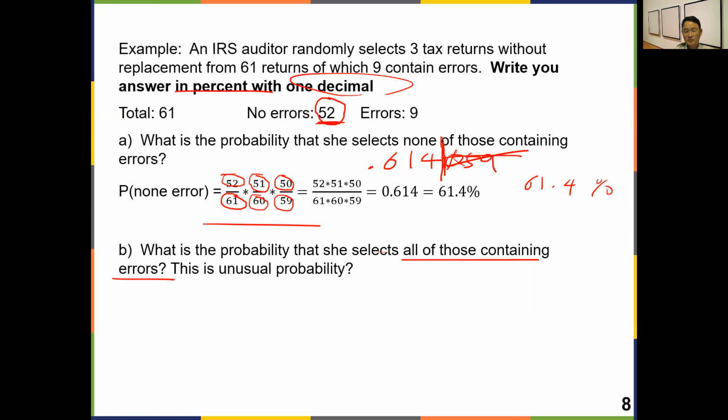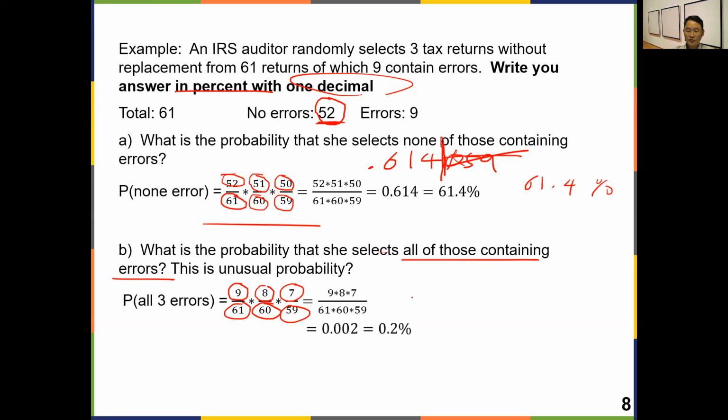Okay, it goes just like that, right? For the first one, we have 9 errors out of 61. Second one is 8, because we picked the first one as an error. Now we have this left, right? And then we have one less card again, and 7, one less card again.